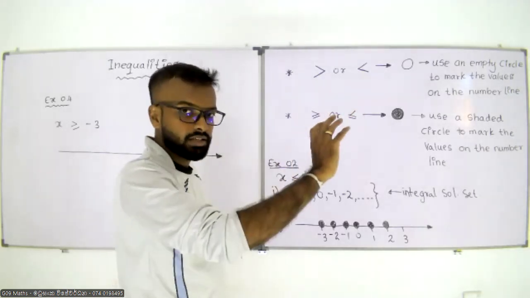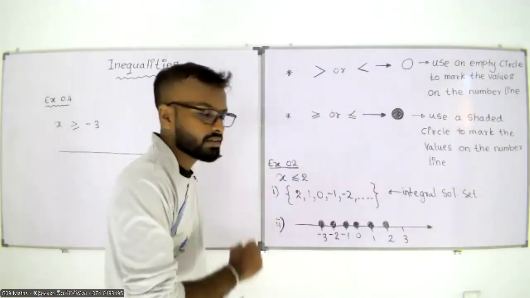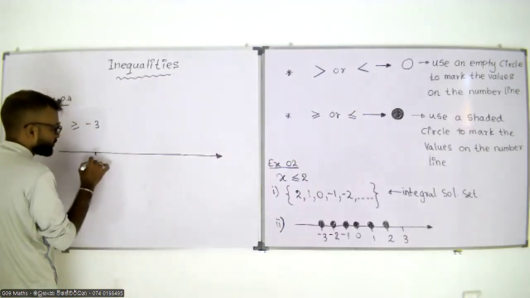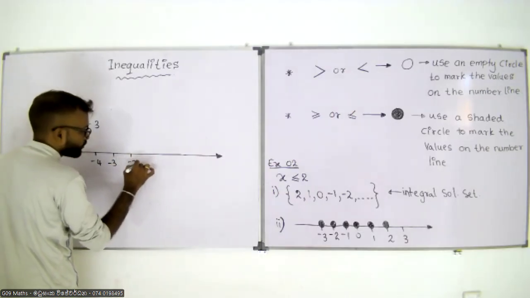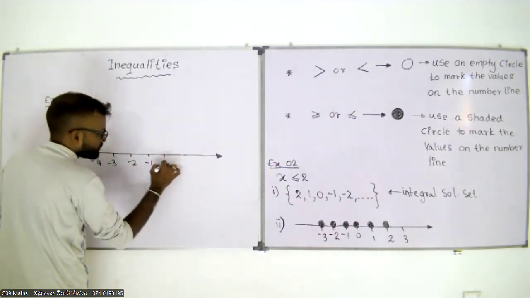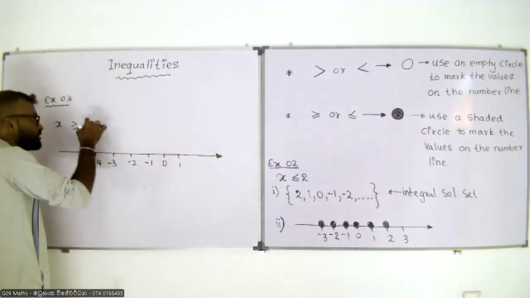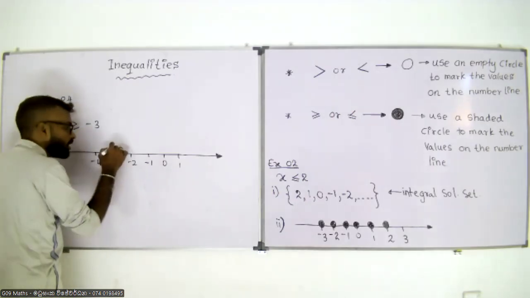To that side, the magnitude of the values is increasing. So, like in the previous example, I will begin from -4, -3, -2, -1, 0, 1, and so on. This is greater than or equal.